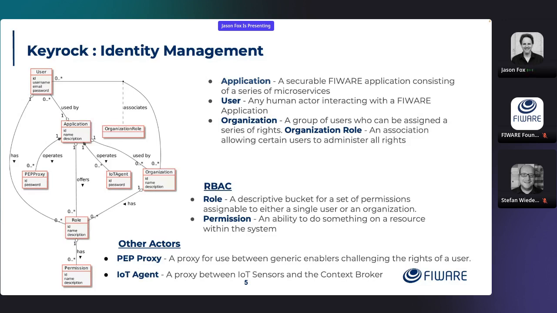Within that application, you have the usual system of roles and permissions. A permission is me being allowed to do something, a role being a bucket of things you can do within that system. Obviously, this makes things a lot more flexible to just assign a user to a role rather than to have to go to every single individual permission they have.